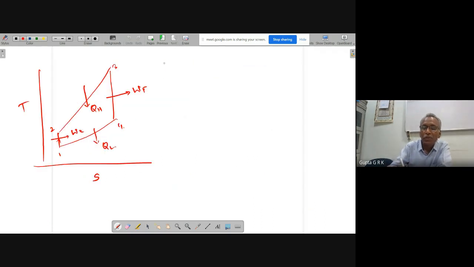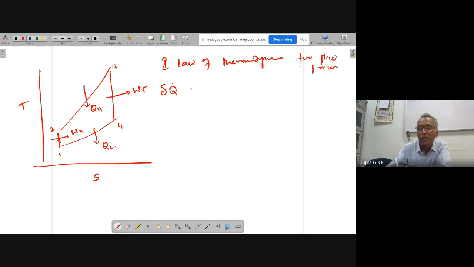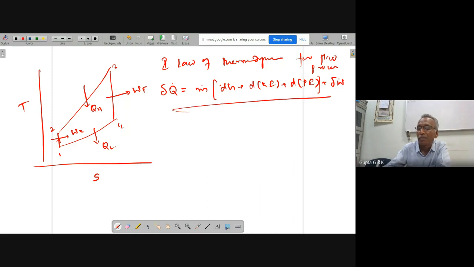Okay, so if you take the first law of thermodynamics for a flow process, what will you get? delta Q dot is equal to dH plus d of K plus d of P plus delta W. So this is the first law in watts.